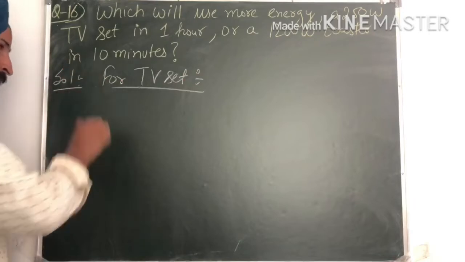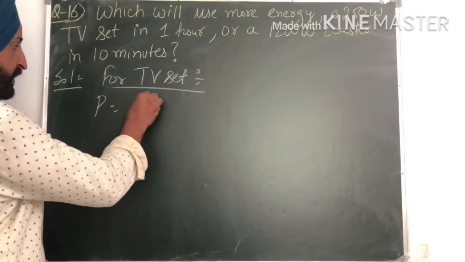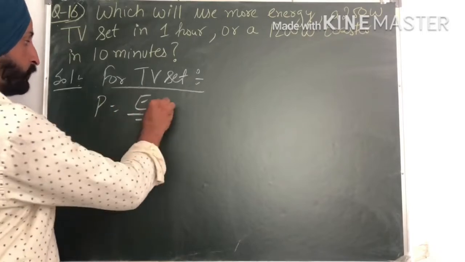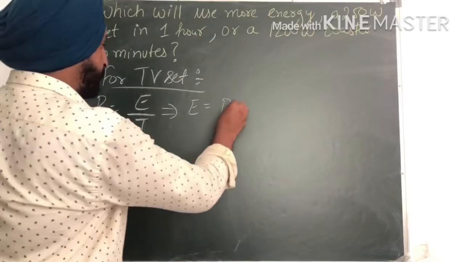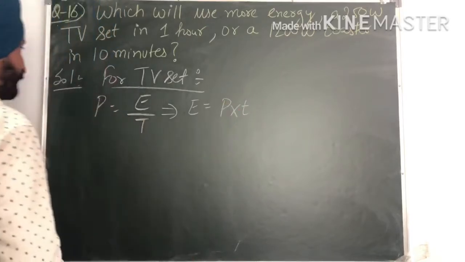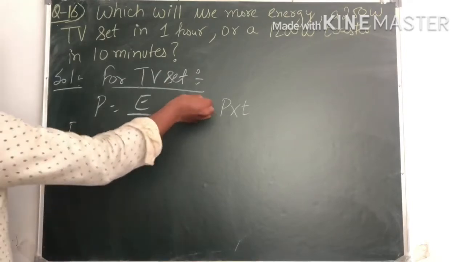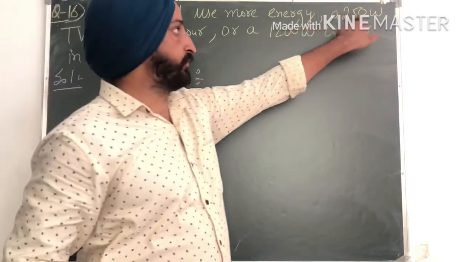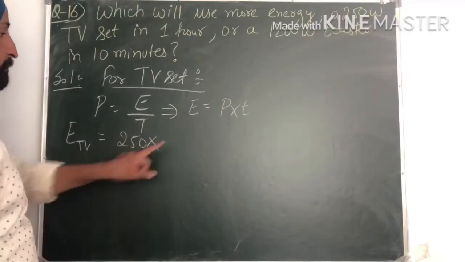set, as we are familiar with the formula that power is equal to energy per unit time, from here we can get energy is equal to power multiplied by time. So energy of the TV set would be equal to the power of the TV set, that is 250 watt, multiplied by time.